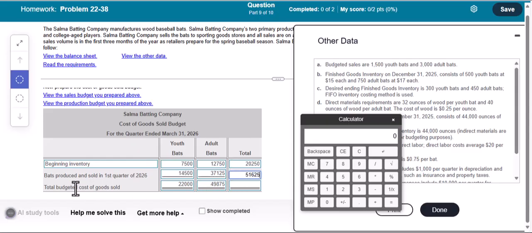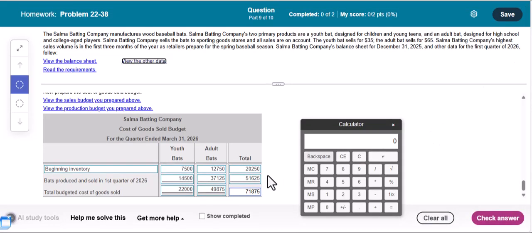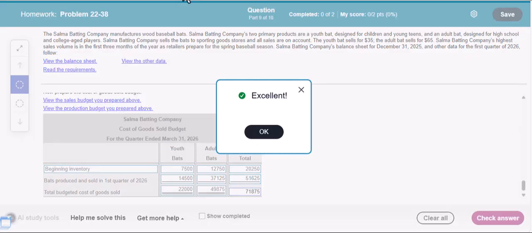And then our total budgeted cost of goods sold for both the youth and the adult bats added together is 71,875. So added across this way or this way, if you want to double check your work, which we should. And then we can go ahead and check our answer. Excellent. And now we are almost done. So in the last video, we'll do the selling and administrative expense budget.